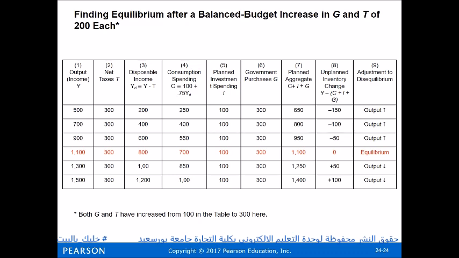In this case, by applying the formula of the change in Y equal 1 times the change in G, we will see that the change in Y, or delta Y, is equal to the change in either G or T, which is 200 in this case. So note that both G and T have increased from 100 in the table to 300.